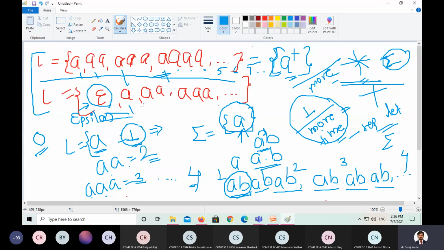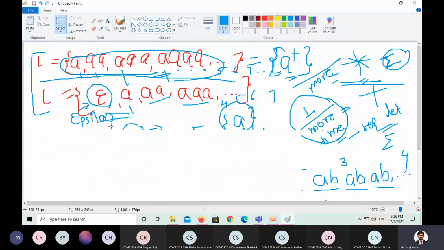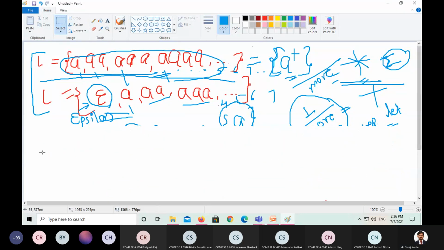Then after that, A is there, double A is there, 3 times A, 4 times, 5 times, 6 times, 7 times. So the first language is repeated after epsilon.